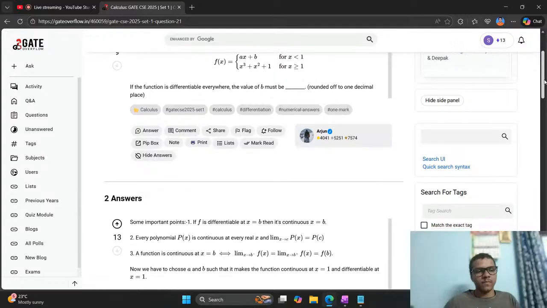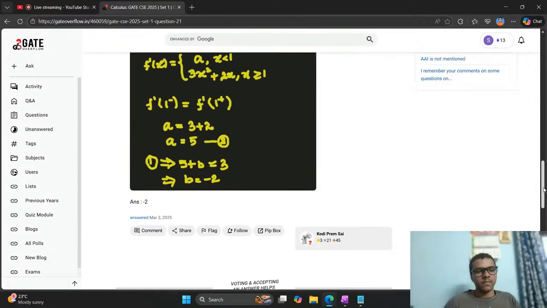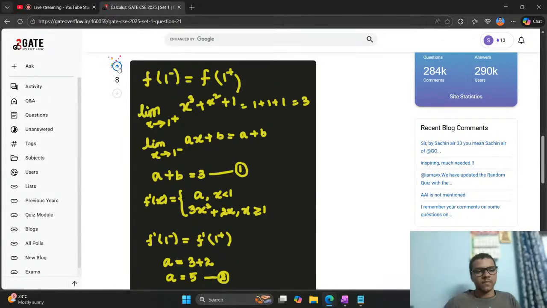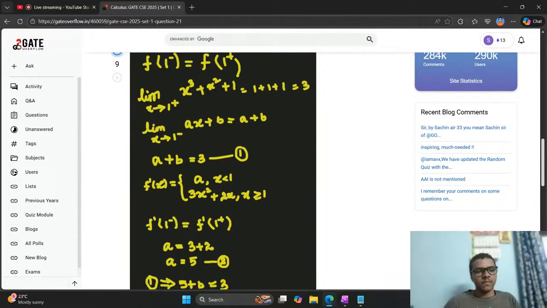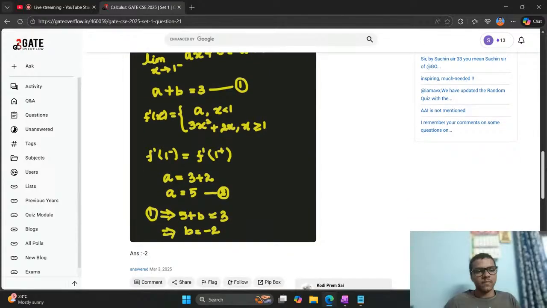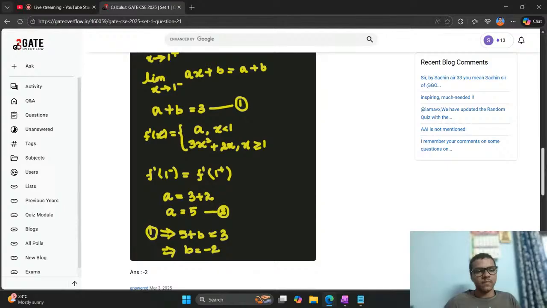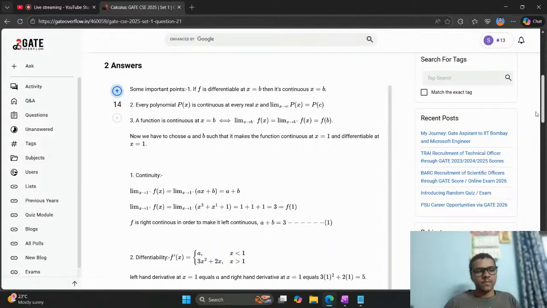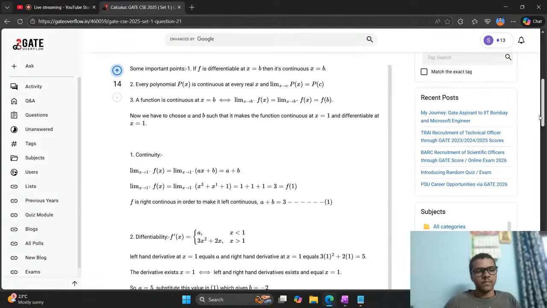Okay, f dash of x, it is continuous. Okay. Continuity and differentiability.